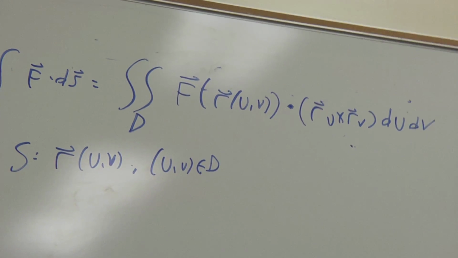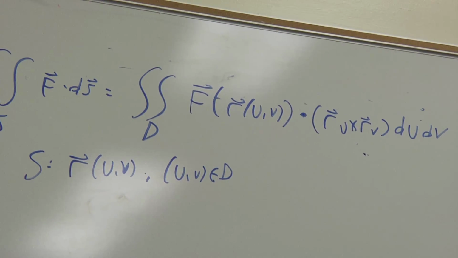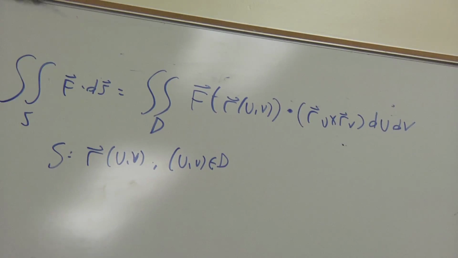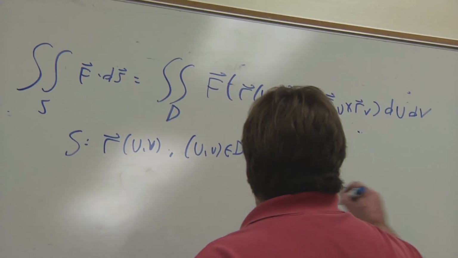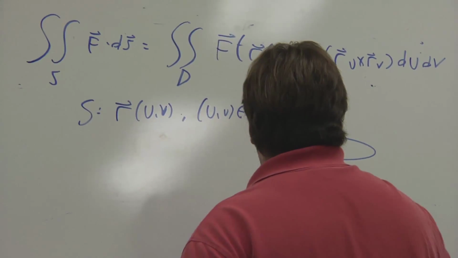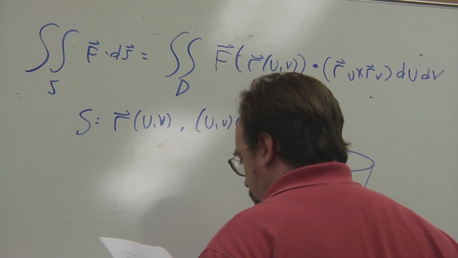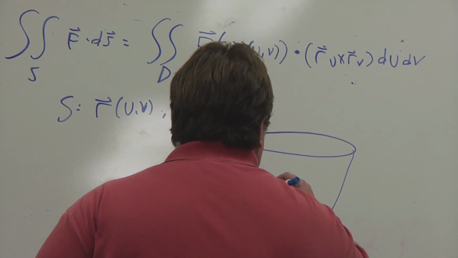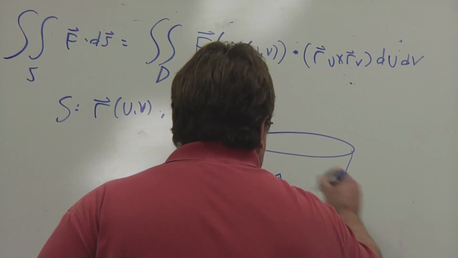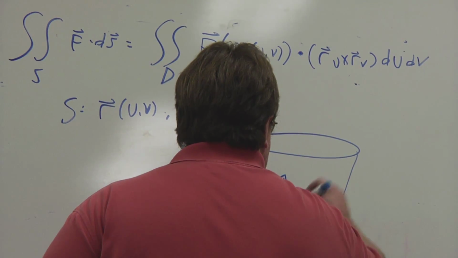Now, in this case we have a paraboloid below the plane z equals 1. The normal is pointing up, like this.